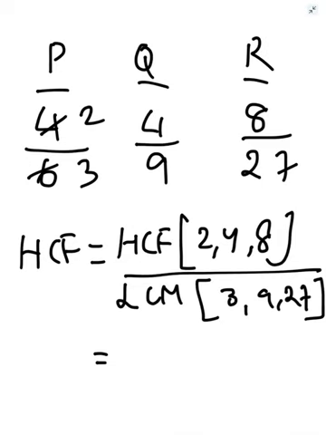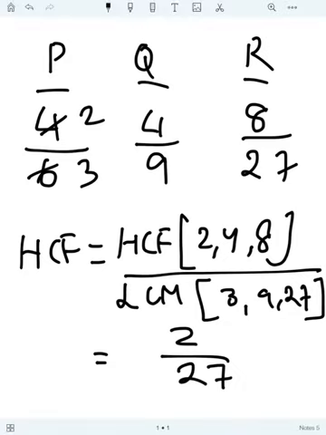Okay, I applied this formula: HCF of numerators upon LCM of denominators to find the final HCF of the fractions. So for 2, 4, 8, the numerator HCF is 2, and for denominators 3, 9, 27, their LCM is 27. So the HCF is 2 upon 27 for these three fractions P, Q and R.